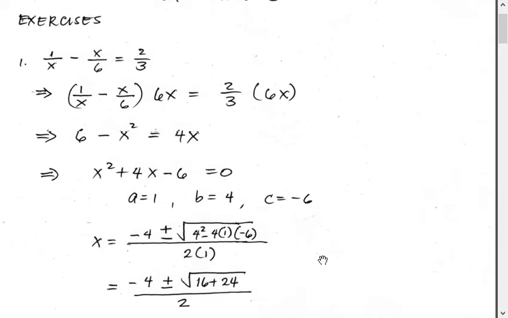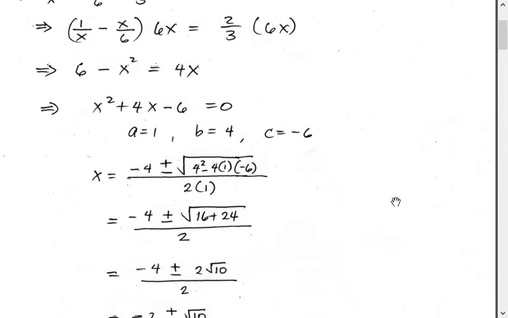Then we use the quadratic formula. We identify the coefficients: the coefficient of x squared is 1, the coefficient of x is 4, and the constant is -6.